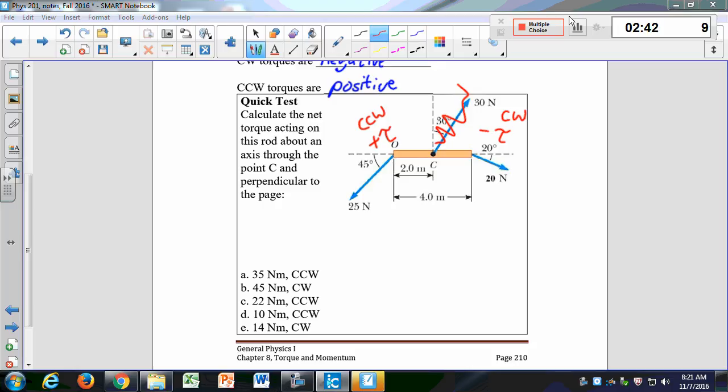That's the distance from where the force is applied to the axis of rotation. When you find your answer, if it's positive, it's counterclockwise. If it's negative, it's clockwise. Remember that one of these forces causes a negative torque.